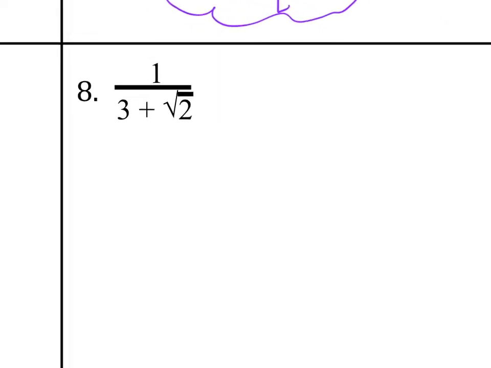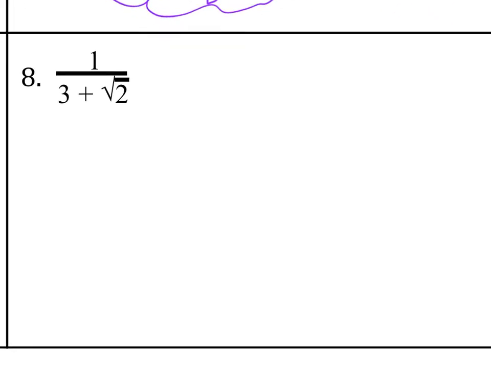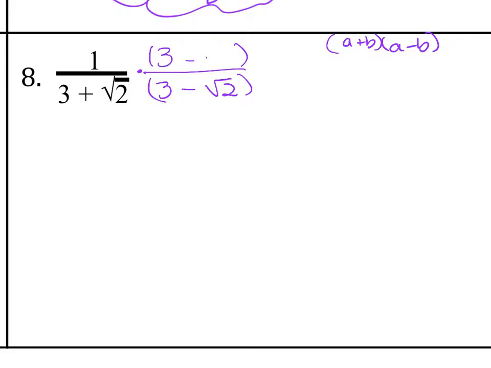Last problem. We need to rationalize this problem as well. It's 1 over 3 plus root 2. Now to rationalize the denominator, we multiply by the conjugate. Remember, the conjugate is the same exact terms, but opposite signs. So when we do that, it's the same terms, 3 and root 2, but it's positive, so now I need a negative. Remember, the reason you need a negative is so the center can disappear.